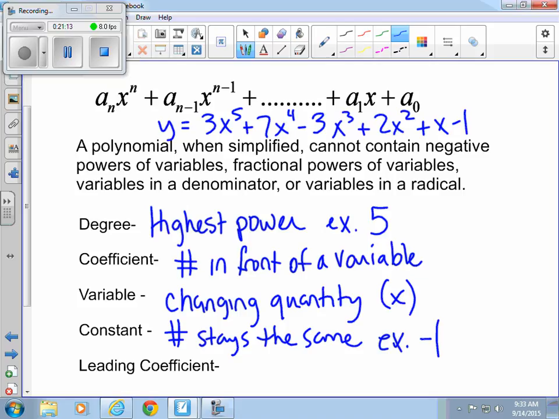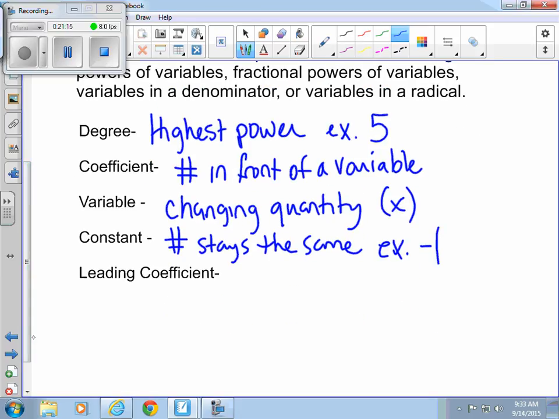Does anyone remember what the leading coefficient is? The one in front. Now, if our polynomial is in what's called standard form in descending order, that won't mess us up. But I'm not going to say it that way because ACT will try to trick you on that. The leading coefficient is the coefficient beside the x with the highest power. Now again, if you order it correctly, it will be in front.